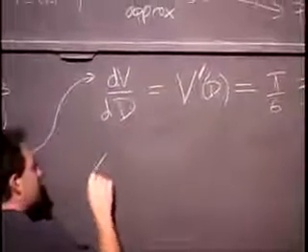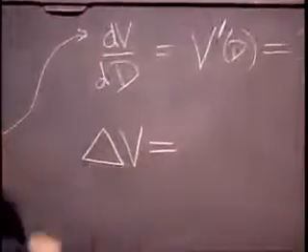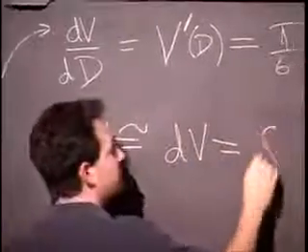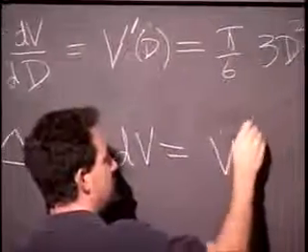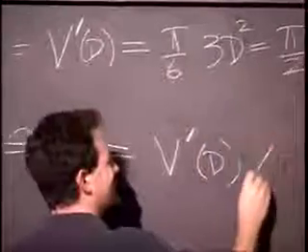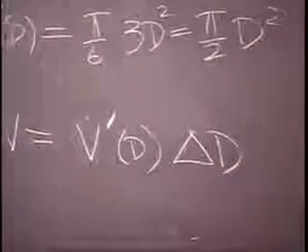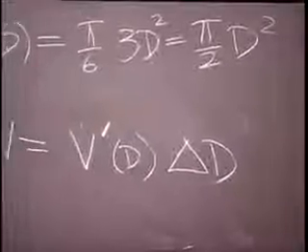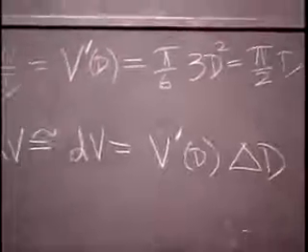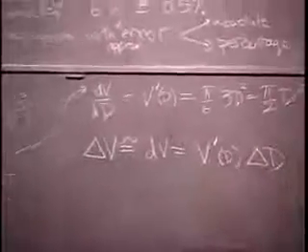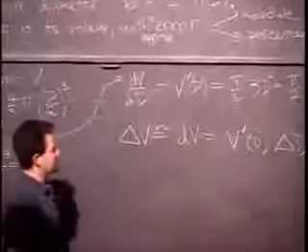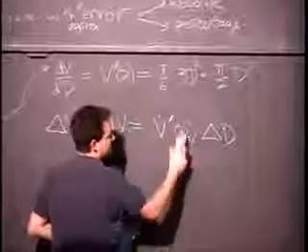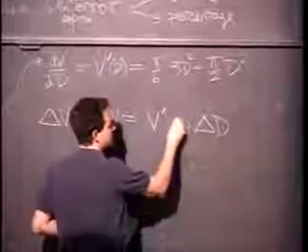We're interested in the error in V, or the change in V, is approximately dV, which is equal to f, well, it's not f prime, it's V prime of D, delta D. Okay, that is just the above equation, but all I did was I replaced f by V and the variable x by D. Now the thing is, this D is the original D, which actually we know is 6. So I'm just going to change this to 6.